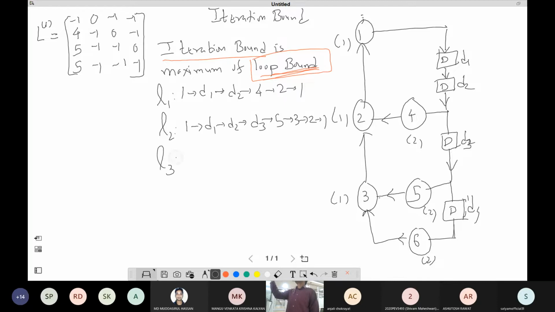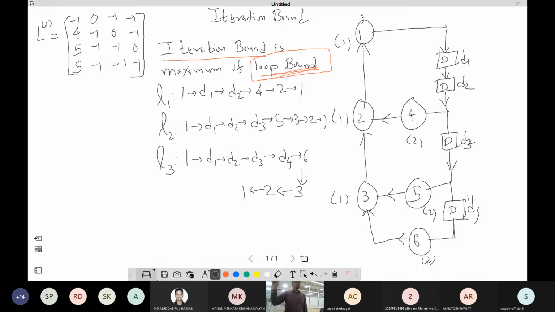Third one: I am starting with 1, D1, D2, D3, D4, D6, then 3 2 again 1. Yes, am I right? For this particular graph there are 3 loops.